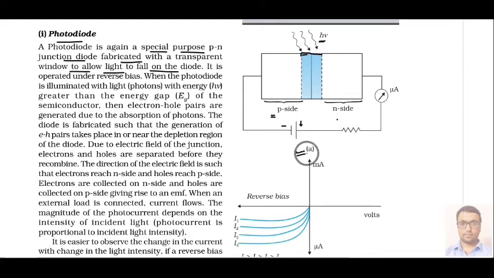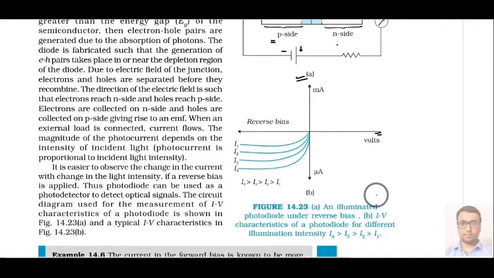If we look at the current versus voltage characteristic, or VI characteristic, it works only in reverse bias condition. These are some reverse saturation currents, and the current we get is in microamperes.